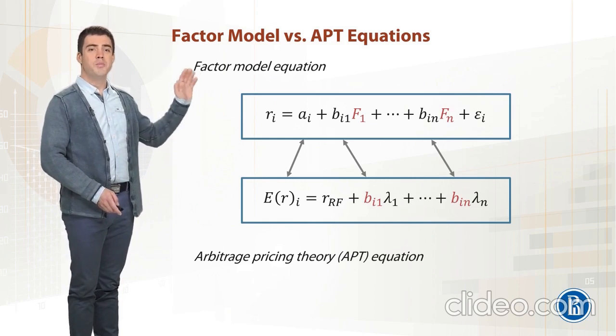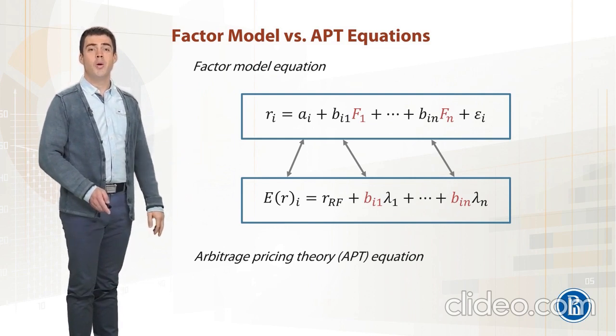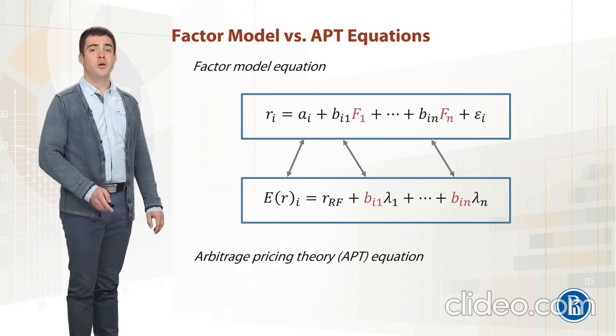Now let's compare the equation for the factor model we discussed earlier with the arbitrage pricing theory equation we derived based on that. As we can see, they have pretty much in common because they use just the same variables.